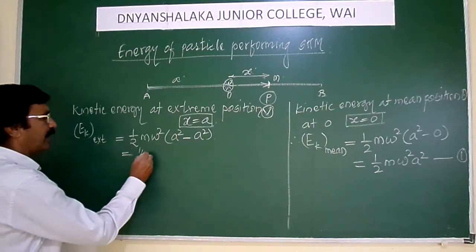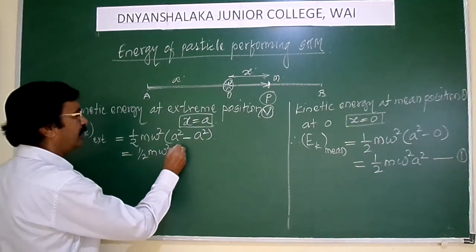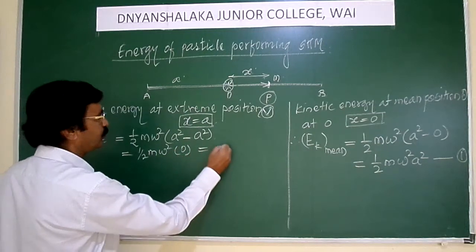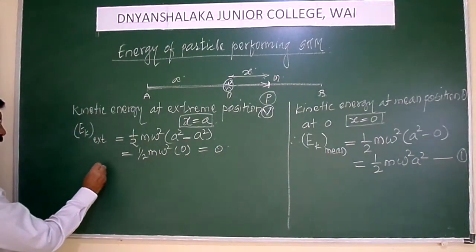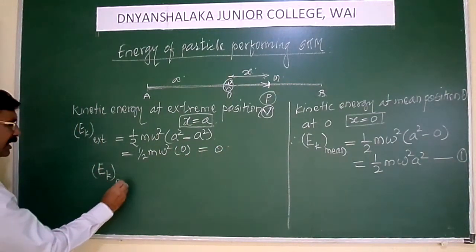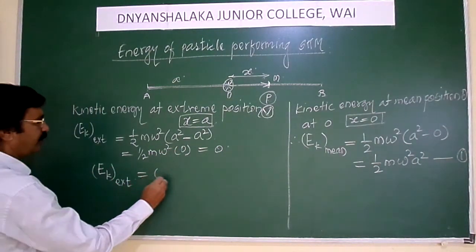So this will be 1/2 m omega square into 0, so the value comes to be 0. So kinetic energy at extreme position will be 0.